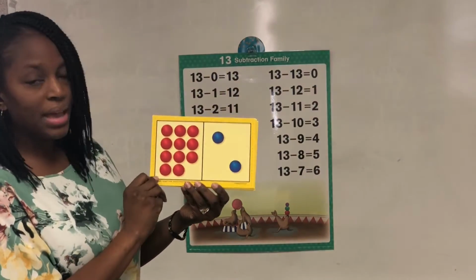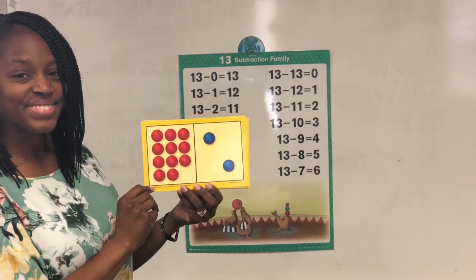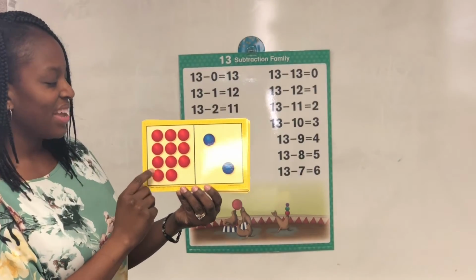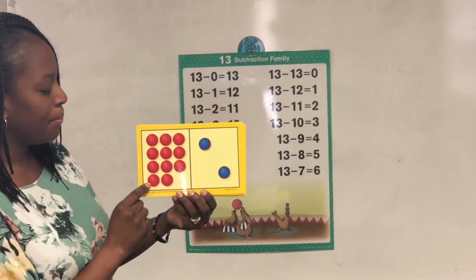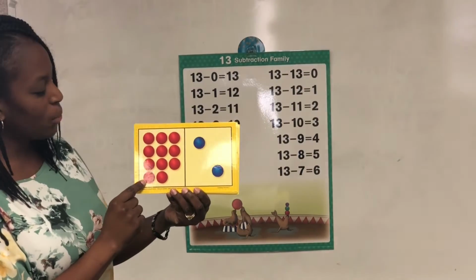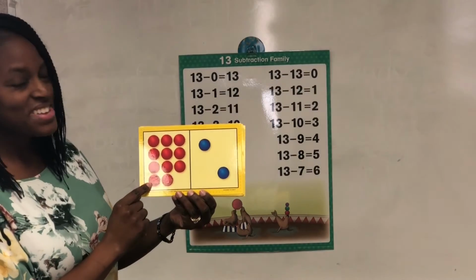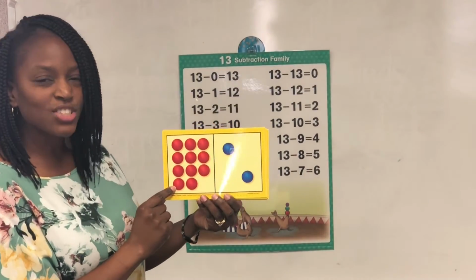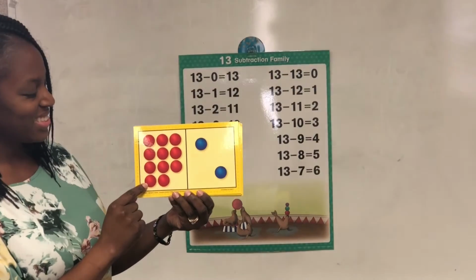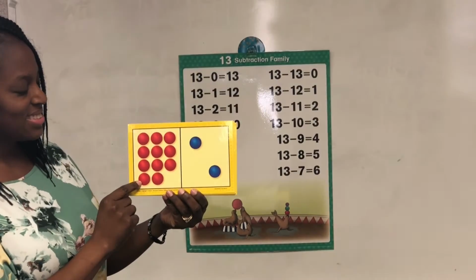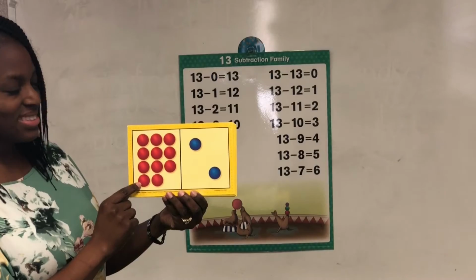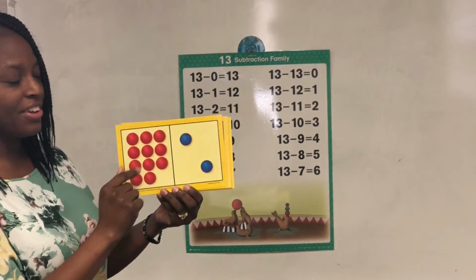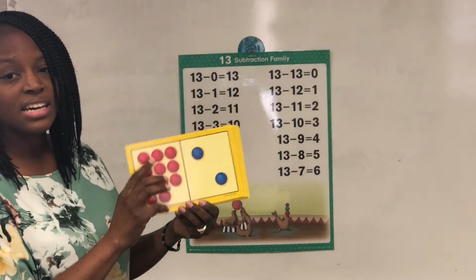How many dots do we have in all? 13. Minus the dots in the first square, 11, equals the dots in the second square.